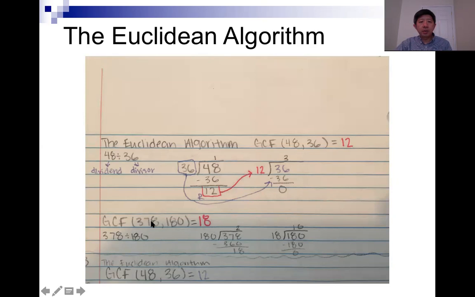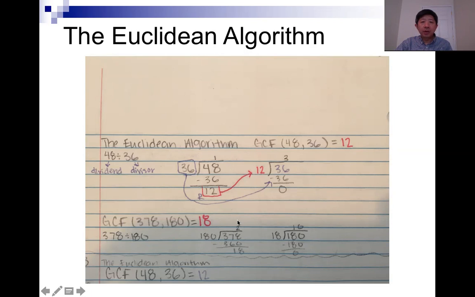Now, what about another example? Here is another example for GCF. I want to find the GCF for 378 and 180. 378 is the dividend, and 180 is the divisor. So you take 378 divided by 180.